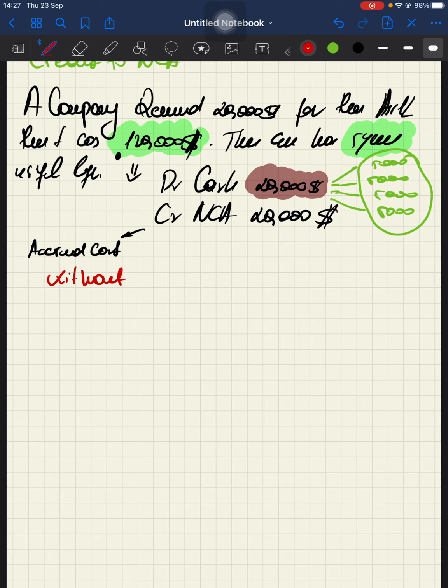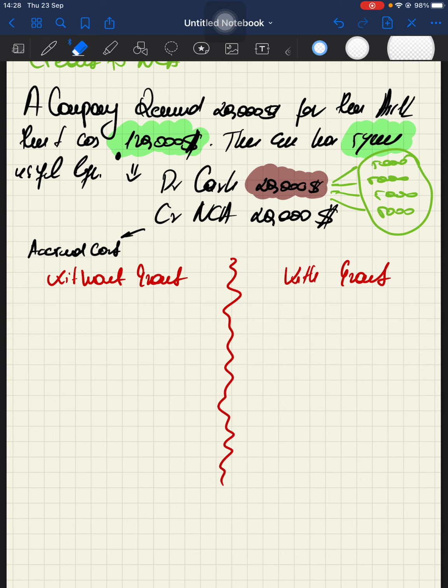In the first, we would record the depreciation and accumulated depreciation on the non-current asset as if we had never received the government grant. So without the government grant, how our asset and depreciation would be calculated, and how it is calculated with consideration given to the amount received from the government.